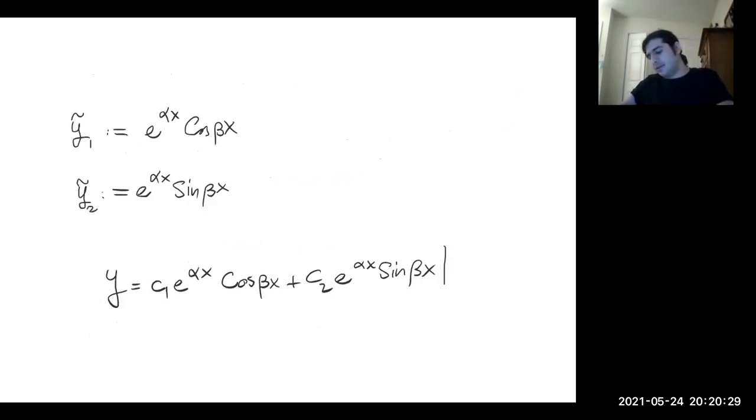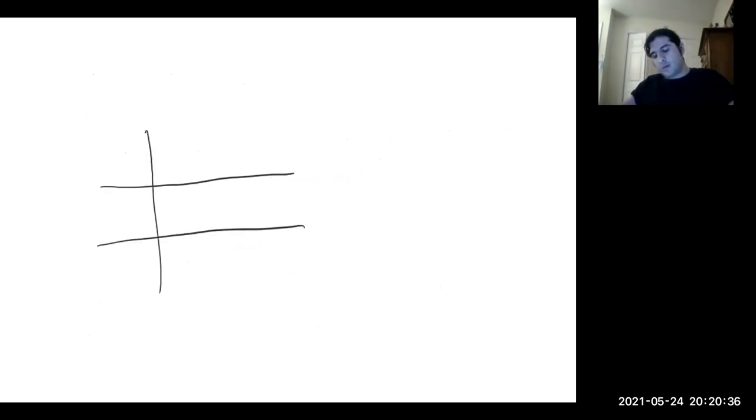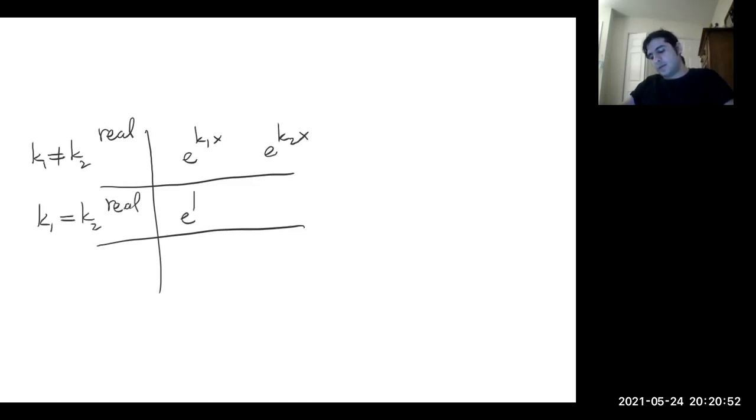That is for the third case. So if I want to review, the first case was when K1 and K2 are different, but both of them are real. The solutions are e to the K1x, e to the K2x. When they are real but equal, the solutions are, well, let's call both of them K, e to the Kx and x e to the Kx.